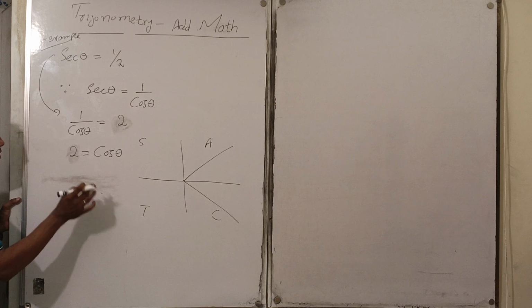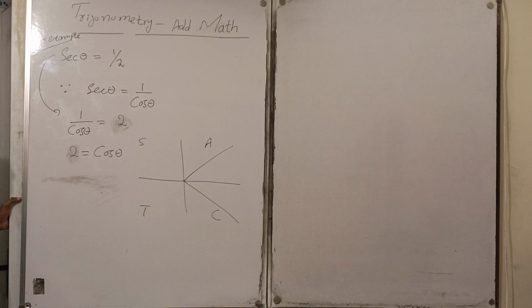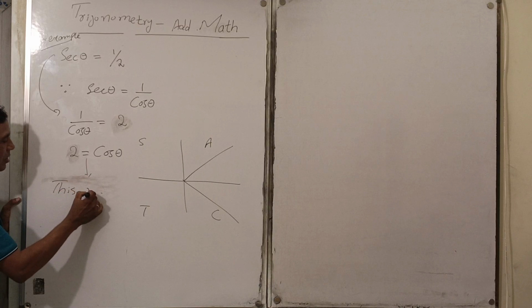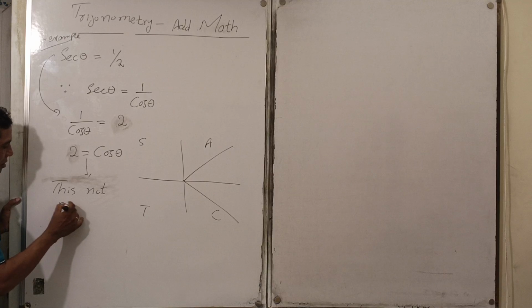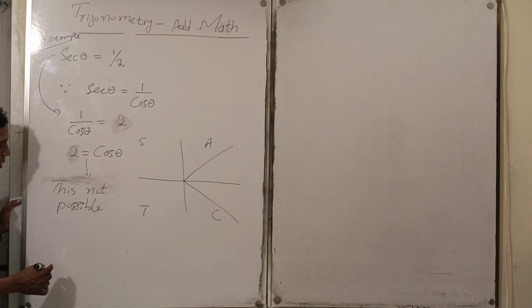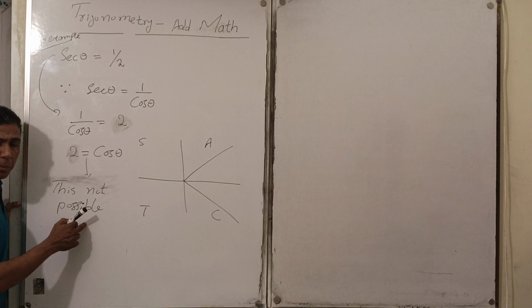Cos theta is 2. So this graph is not possible. That's why I want to tell you this graph is not possible.